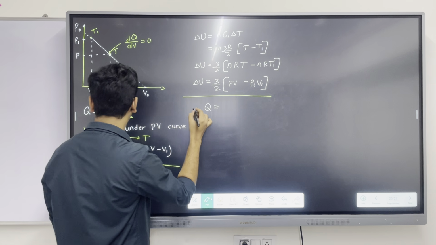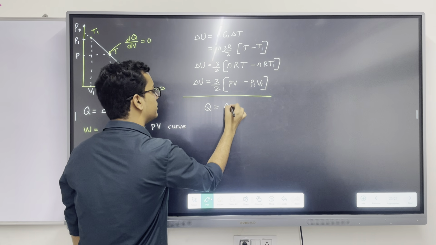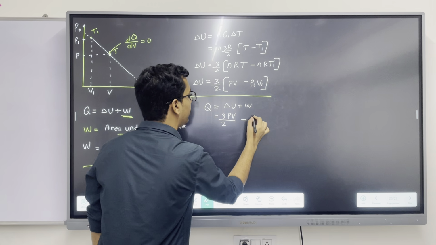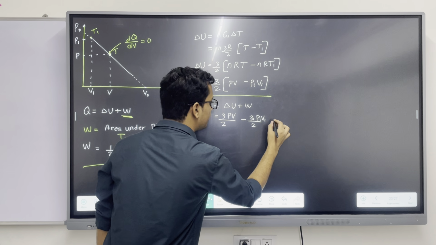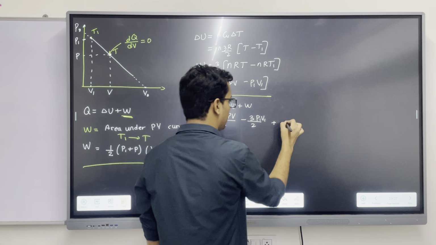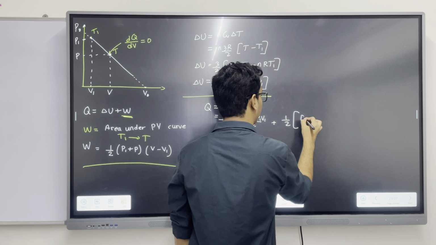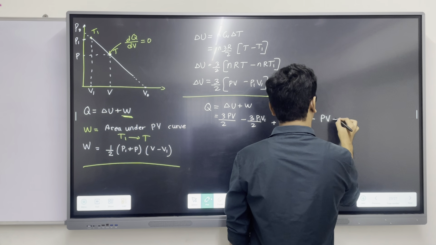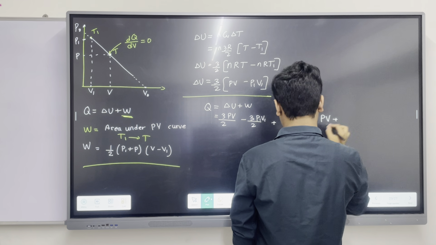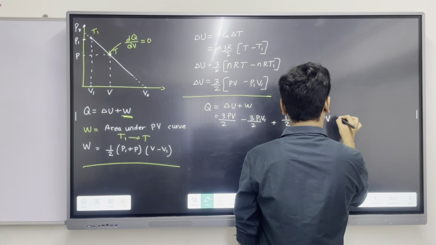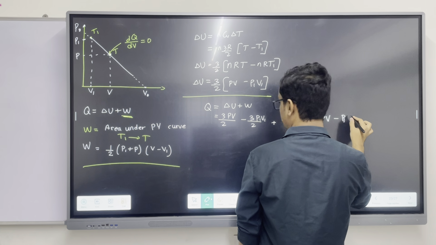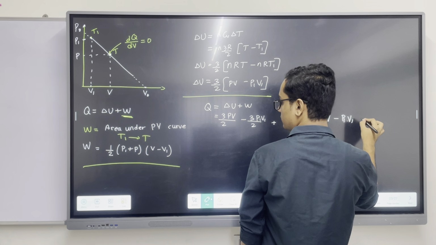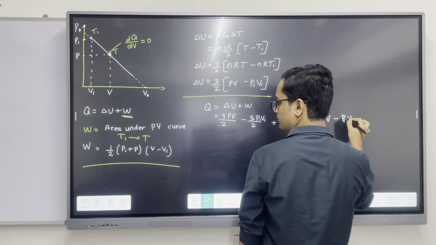Simply add them. Q is equal to delta U plus W. In other words, delta U is 3 by 2 PV minus 3 by 2 P1V1, plus W, which is half of (P1 plus P) times (V minus V1).